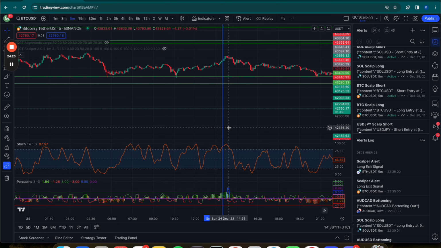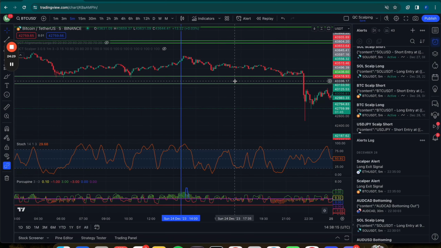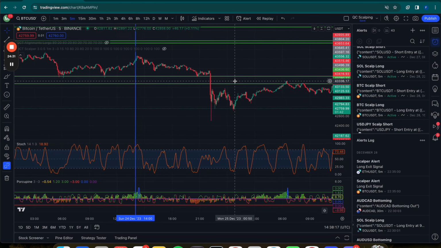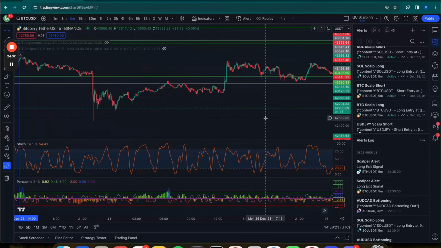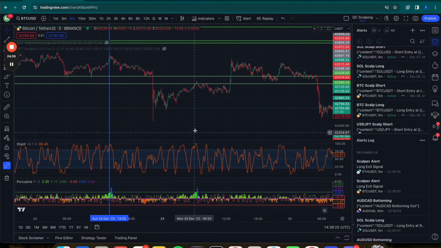So you use this to consolidate the stochastics on lower time frames. As you do that, you're able to catch trades and movements that would be hard to look at if you had to go through every single one of those time frames.